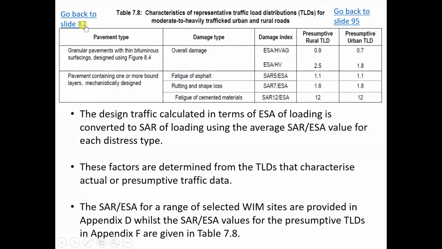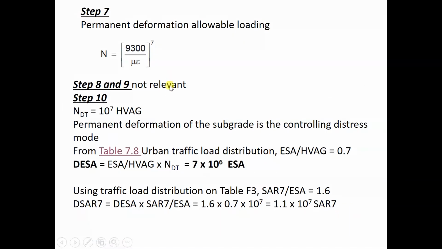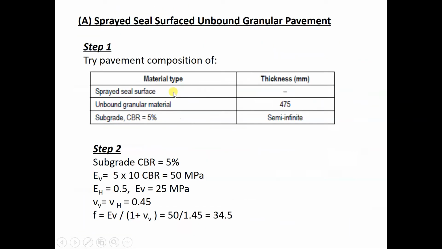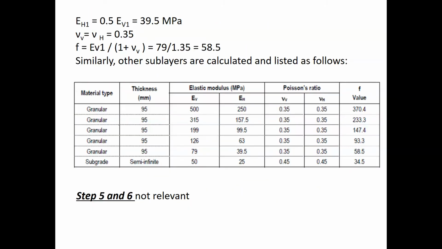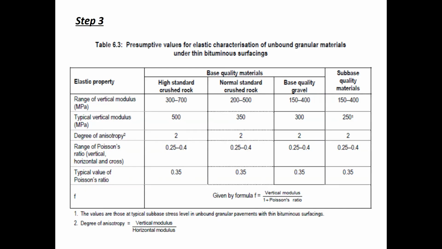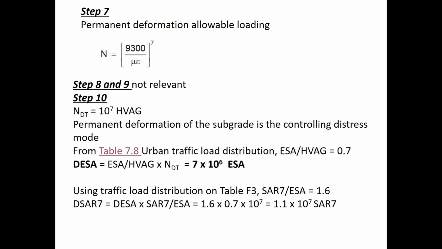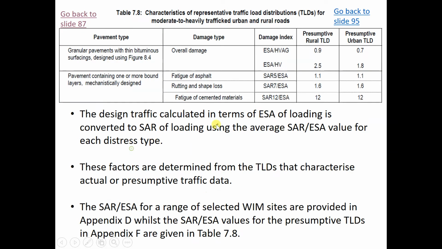I think this is an urban road, so it's probably not mentioned. So we're going to choose urban, 0.7 for urban traffic loading. So ESA over HVAG, we're going to choose 0.7.